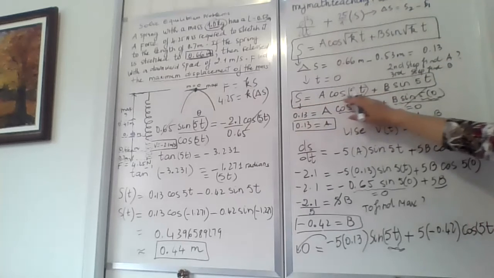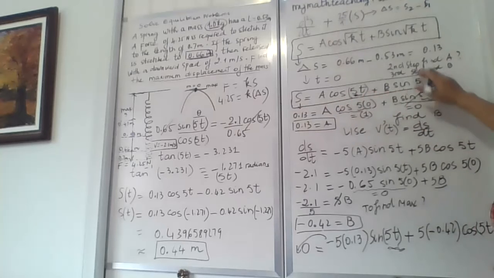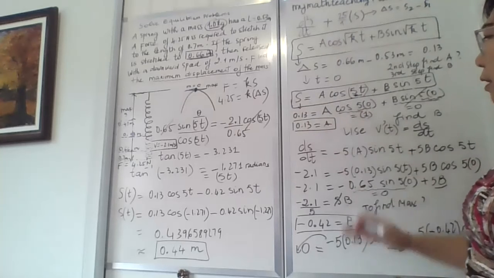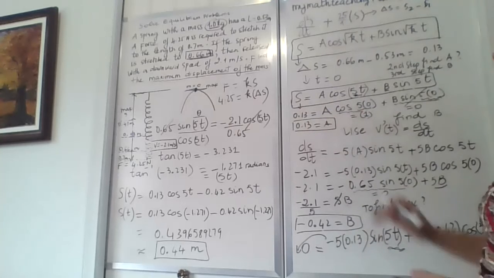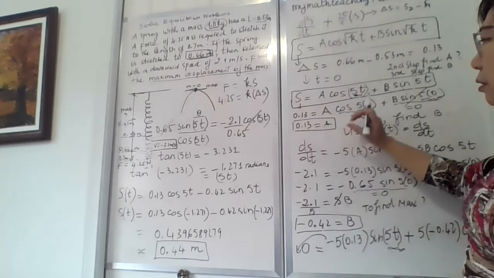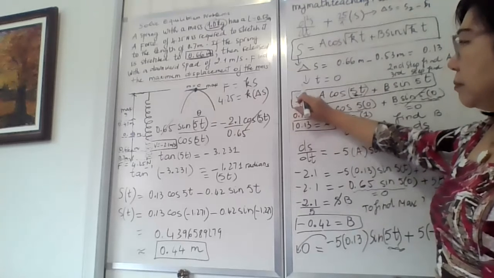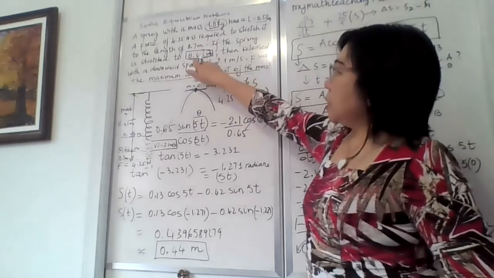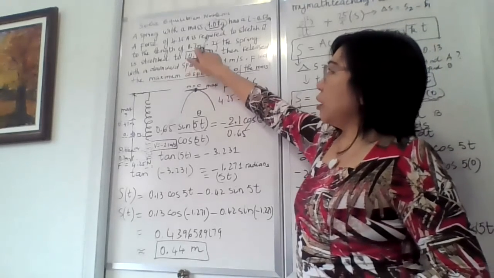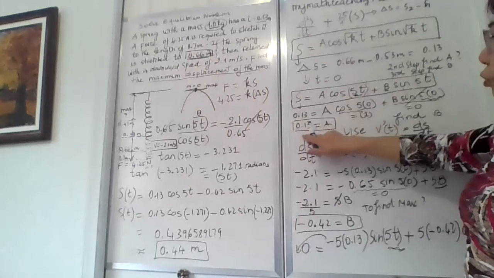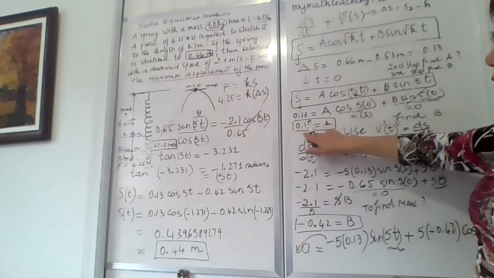So we have the formula s equals A cos ωt plus B sin ωt. Based on this formula, now we solve for A and then solve for B. To solve for A, we put in the displacement delta s when the spring is straight up to this level, not this: 0.66 minus 0.53, the natural length of the spring.